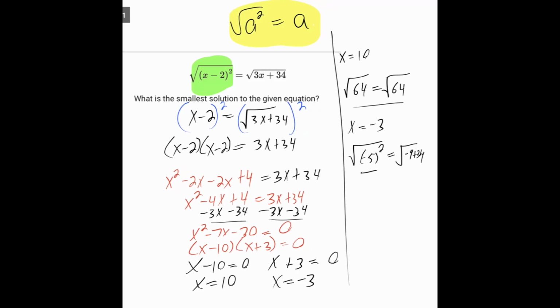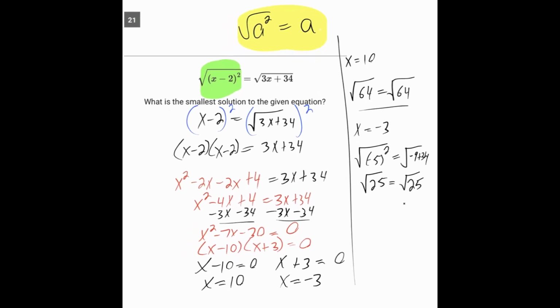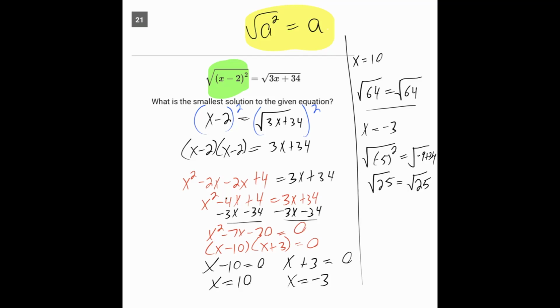And so here we have square root of 25 equals square root of 25. So both of them work pretty well when we plug them back in. So then which of them is actually the smallest one? It's the negative one. So our answer is negative 3.